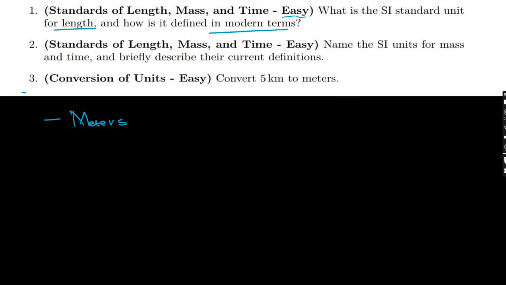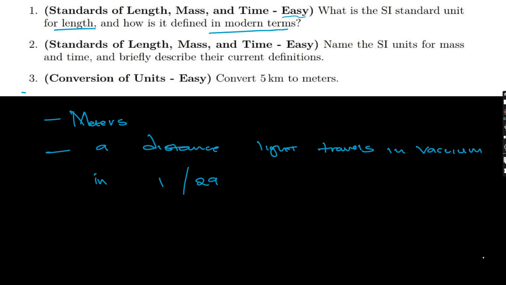You need to know that the meter is the distance light travels in a vacuum in one over 299,792,458 of a second.